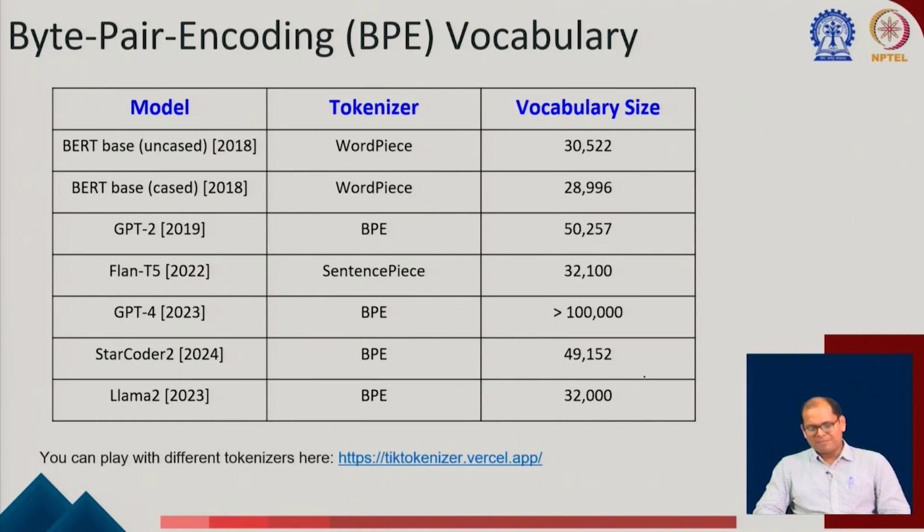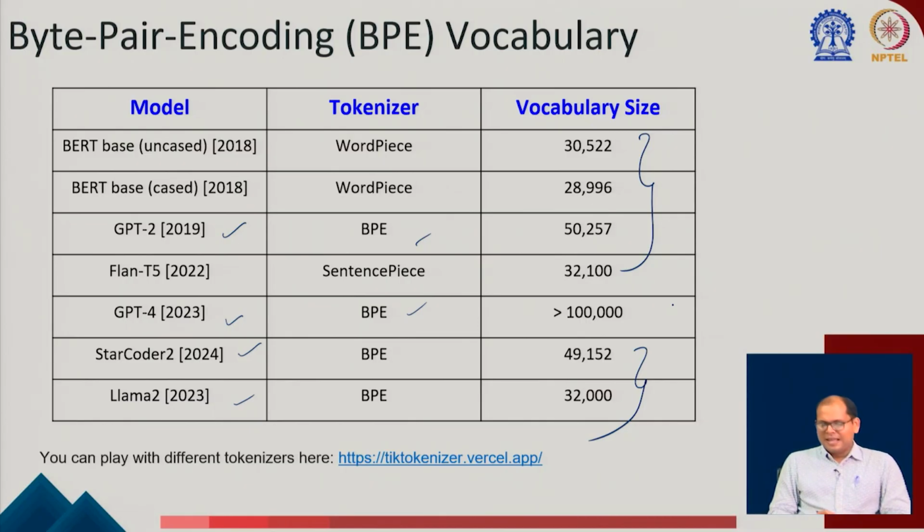So here are just some examples of different models. You see GPT-2, GPT-4, StarCoder 2, Llama 2, they all use BPE. There are other variations of BPE like WordPiece and SentencePiece. I'll briefly talk about that. And you see the vocabulary sizes are very close, roughly 30,000 to 50,000, right? Except GPT-2, which may use more than 100,000, but we don't know for sure.